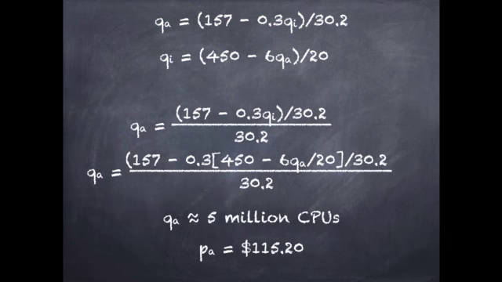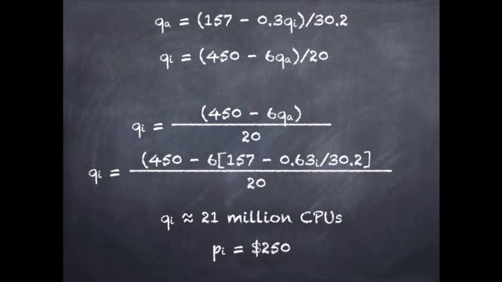In order to calculate the actual quantities, we take AMD's best response function and insert the QI in there, and we get that QA is equal to roughly 5 million CPUs, and the price is equal to $115.20.